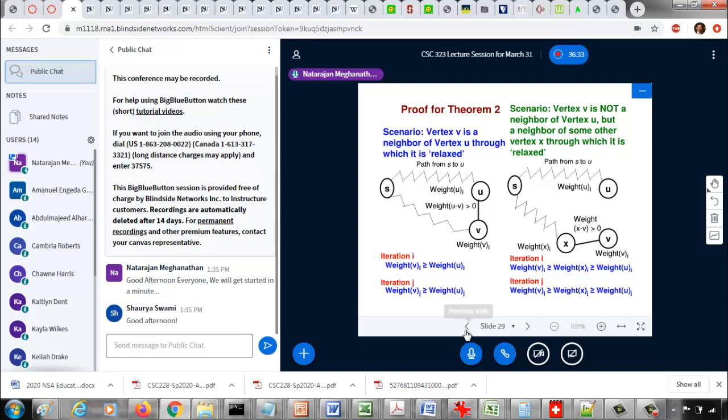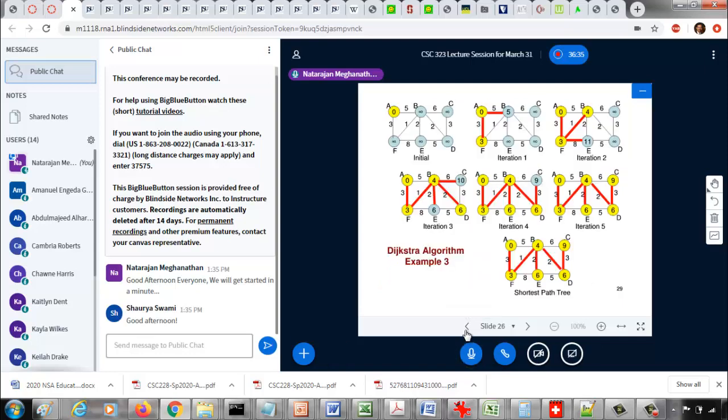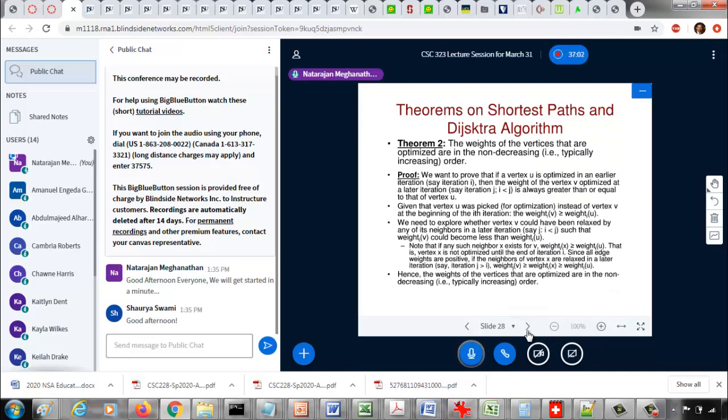Going back to the example, when we pick 4 among 4, 11, infinity, infinity, 4 is the smallest value, and that's why we claim we optimize vertex B. That's what we do in each iteration: among all the vertices that are not yet optimized, we pick the vertex that has the smallest estimated shortest path weight and claim to have optimized it, meaning we have found the shortest path weight for that vertex.